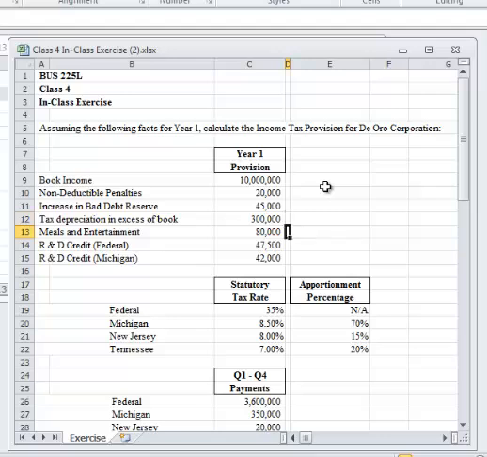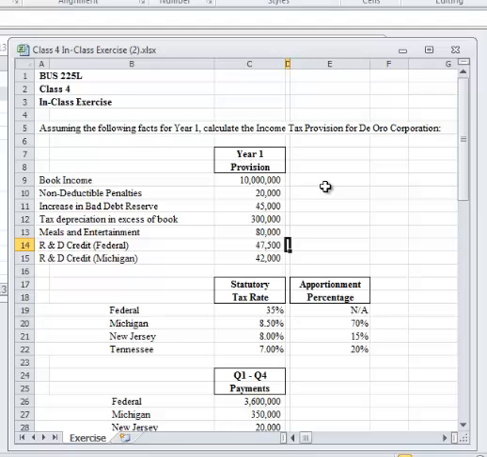Neha. It's 50% permanent. Permanent. R&D credit for federal. Ziad. Perm, right? There we go.